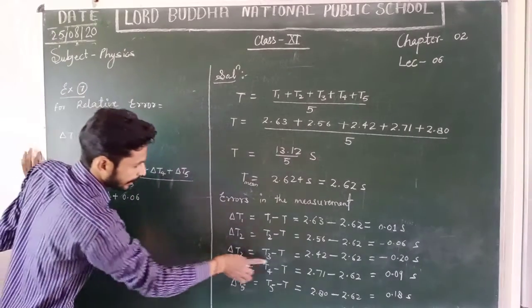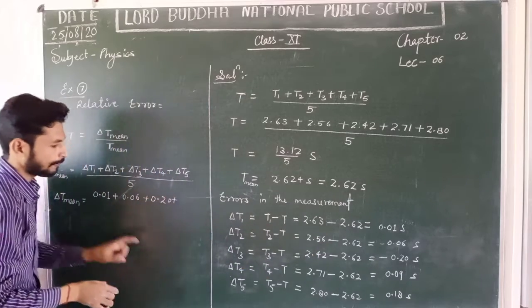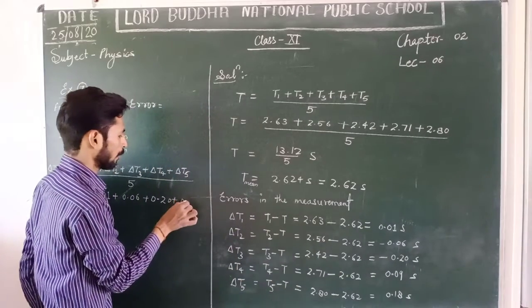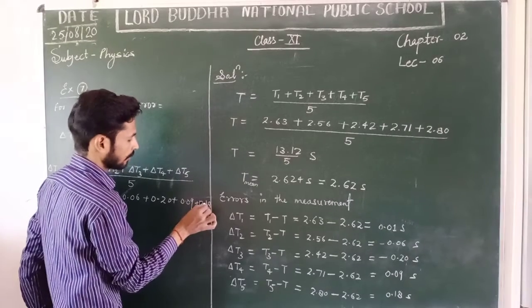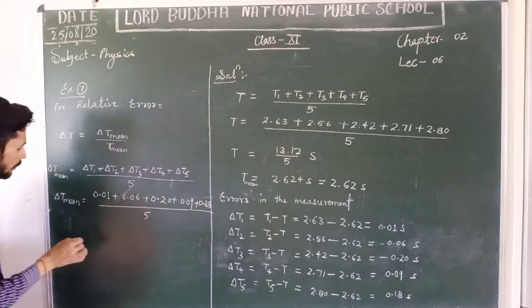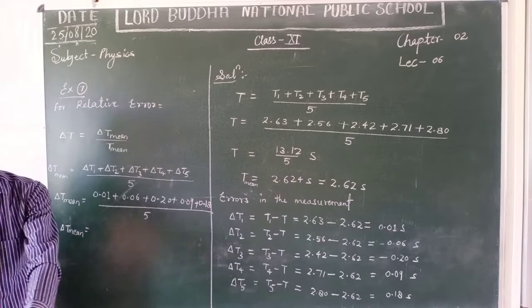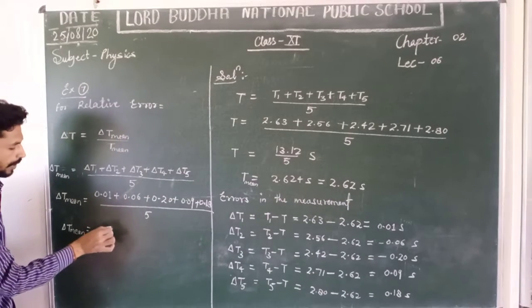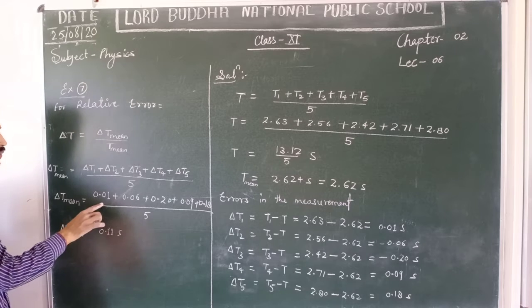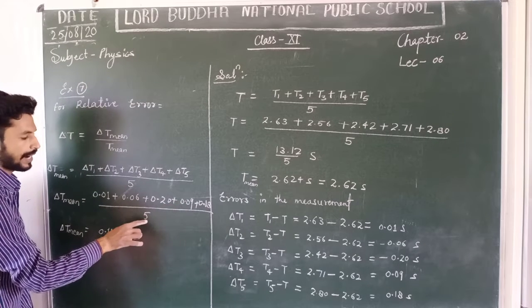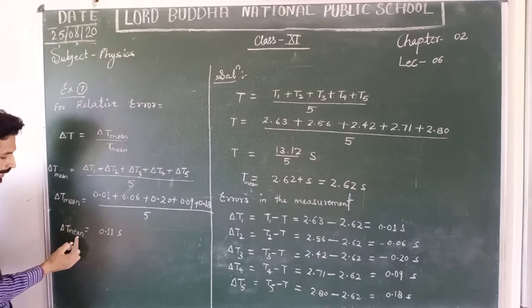Delta T3 is 0.20, plus 0.09, and the last one is 0.18, and divide by 5. So delta T mean equals 0.11 second.